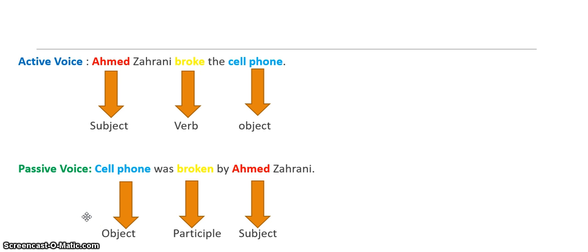So what we need to know is that the positions of the words are changed, not the meaning. The object that was before at the end is now at the beginning. After that, we have helping verb was, then the past participle form of the word broke, broken. Then we add preposition by, and then the person who did it, Ahmed Zahrani.